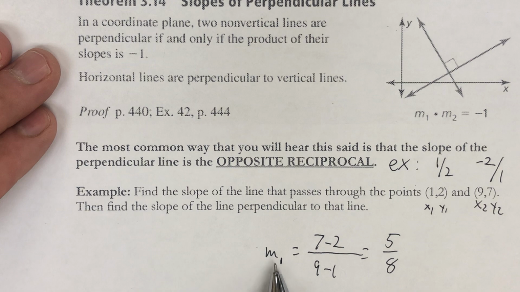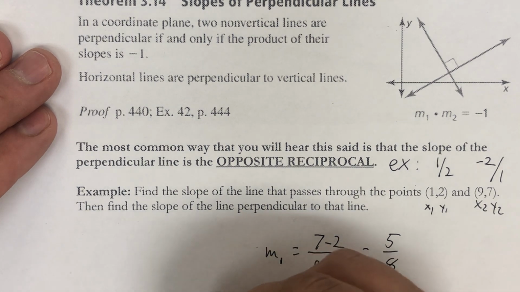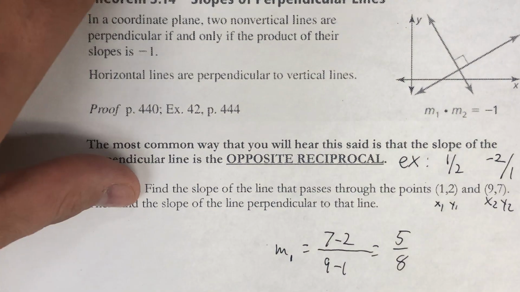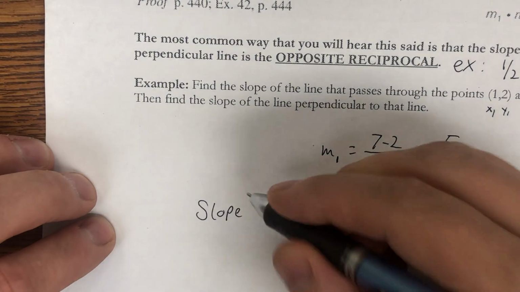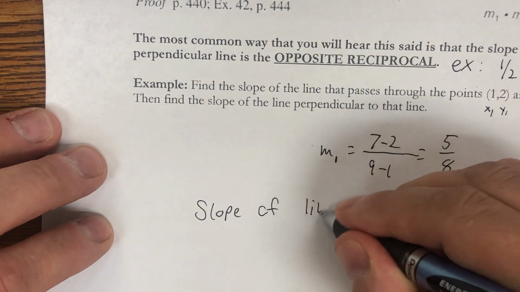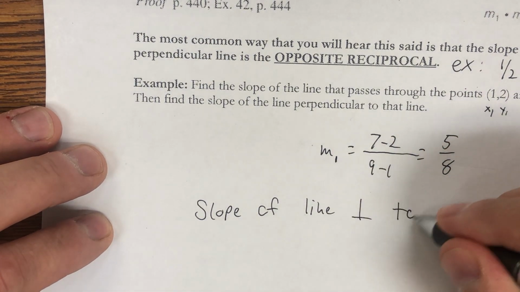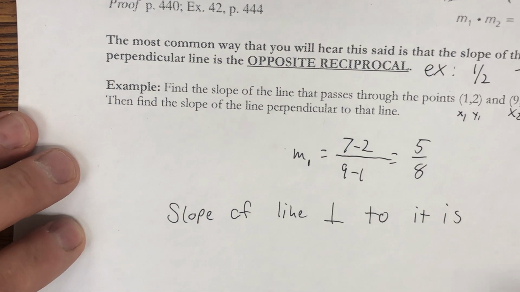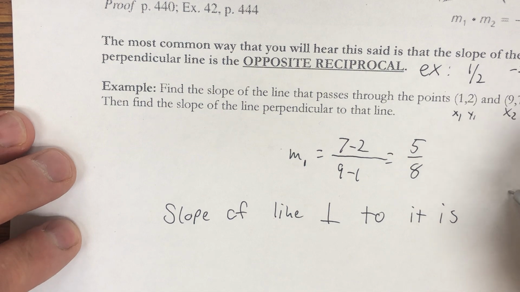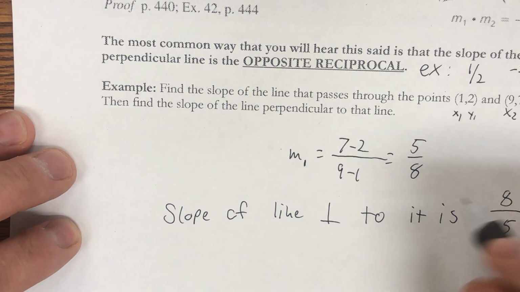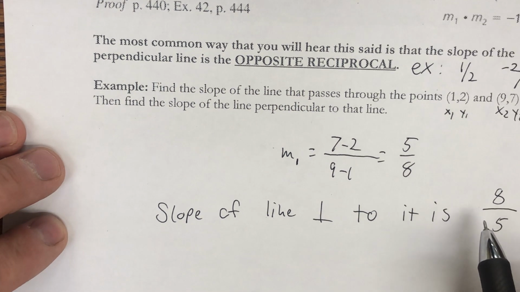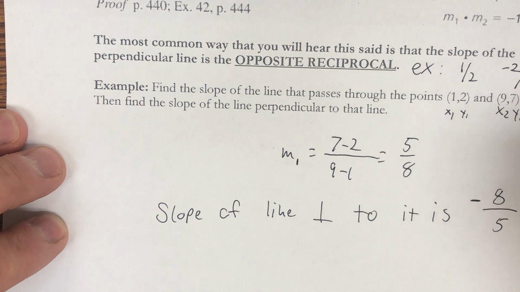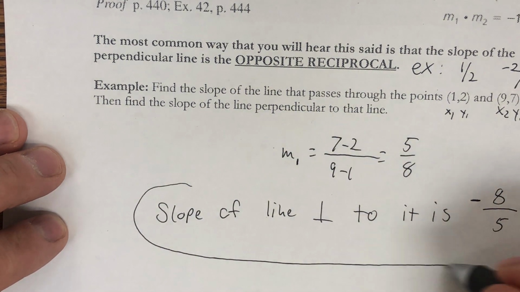So the slope of this line is 5 over 8. The slope of the line that is perpendicular to it is the opposite reciprocal, so 8 over 5, and this one's positive, so our new one needs to be negative 8 over 5.